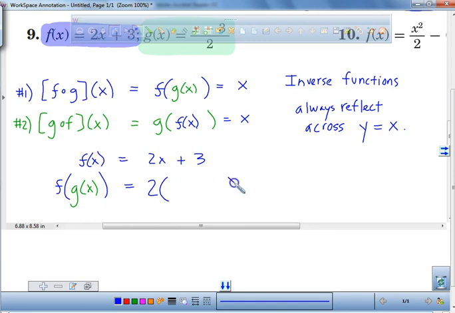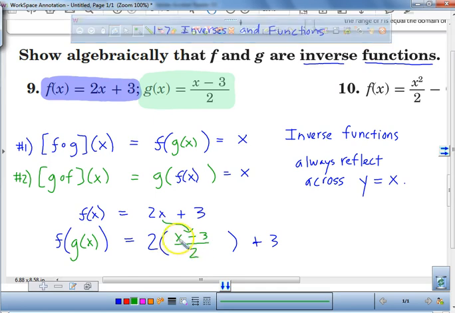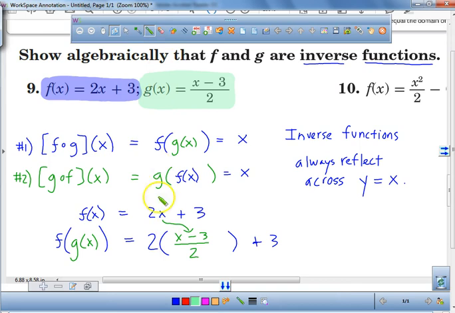I'm going to open up a big old parentheses. And what am I going to put in the place of my x value? I'm going to take this function right here, which is x minus 3, all divided by 2, and I'm putting that in the place of x.